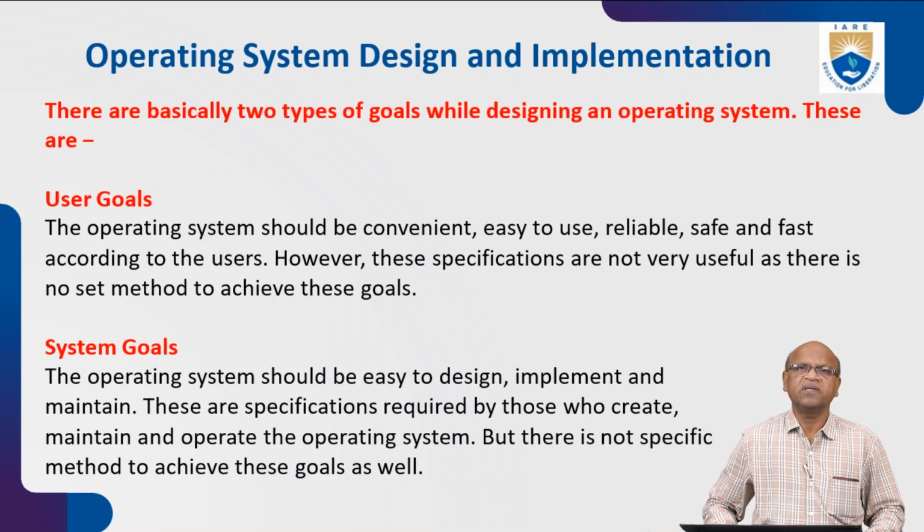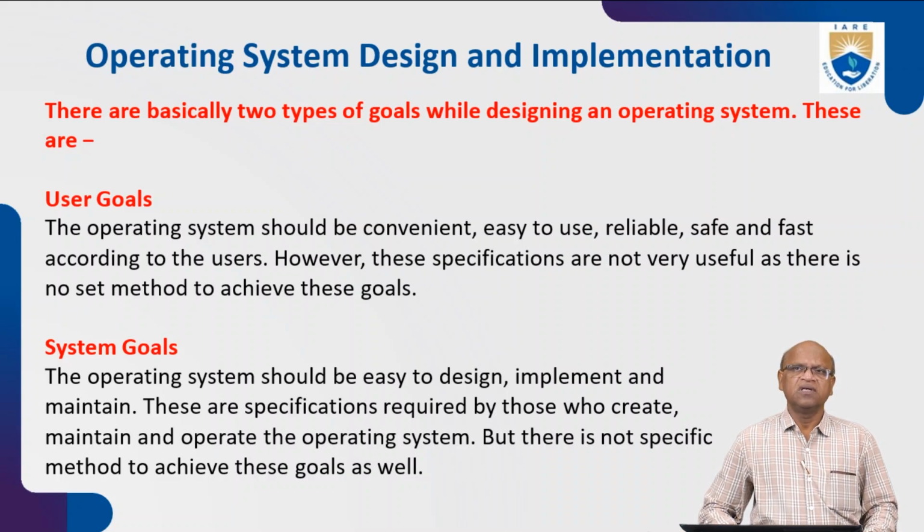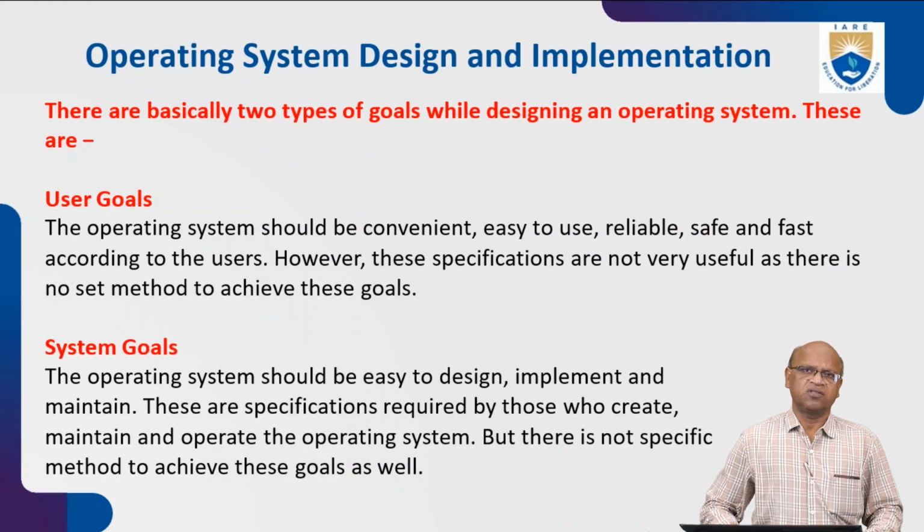There are basically two types of goals while designing an operating system: user goals and system goals. According to the users, the operating system should be convenient, easy to use, reliable, safe, and fast. However, these specifications are not very useful, as there is no set method to achieve these goals.